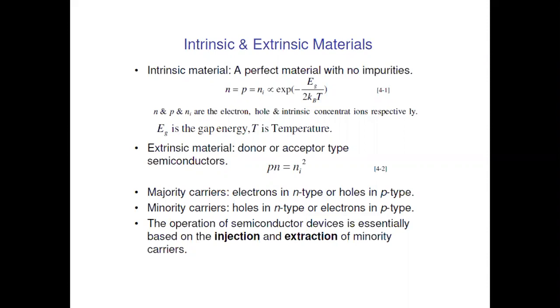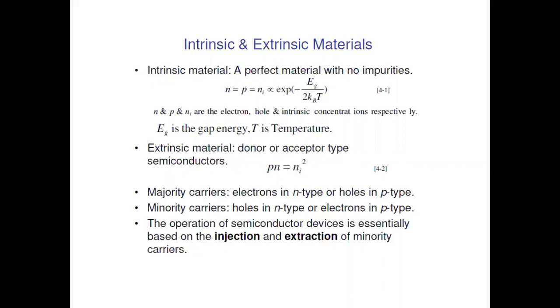For extrinsic material, which is a donor or an acceptor type, it follows this equation, which is basically the mass action law: N times P equals Ni squared, where Ni is the intrinsic carrier concentration.